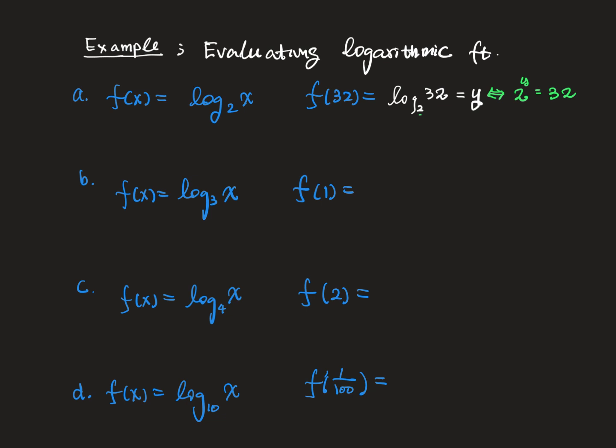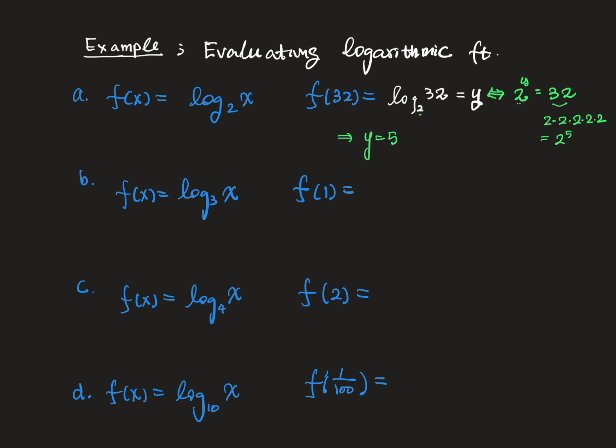We are looking for an exponent, a power. How many 2s do you multiply to get 32? 2 times 2 times 2 times 2 times 2. The base is 2, so this means 2 to the 5. Then y equals 5. So f of 32 equals 5.